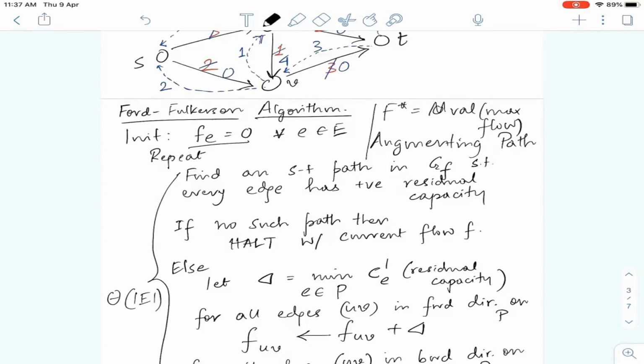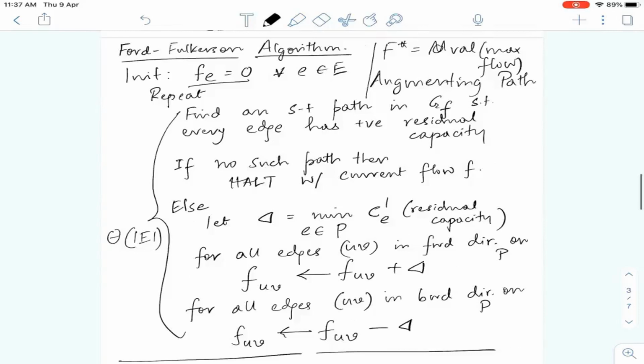How am I increasing the flow? Well, I'm picking this delta, and this delta is essentially the capacity of some edge. But if it's the capacity of some edge, then it's an integer. So the flow always increases by some integer, and the minimum integer is 1.